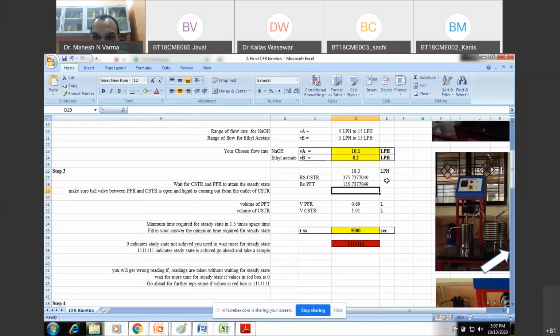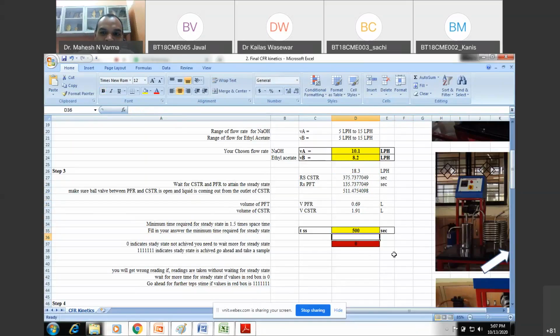So this is seconds and this is seconds. The total residence time will be this plus this. You can see total residence time is 511 seconds. If I wait for only 500 seconds, steady state is not achieved.